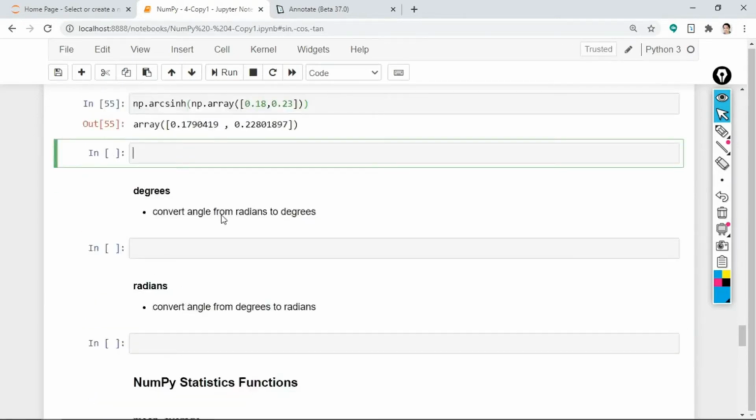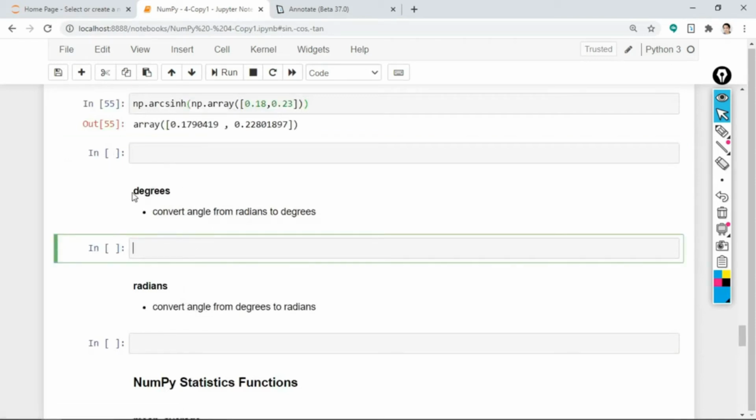If you want to convert an angle from radians to degrees, remember that the end result will be degrees. For example, we define a specific value, let's define this one as deg, with np.array.